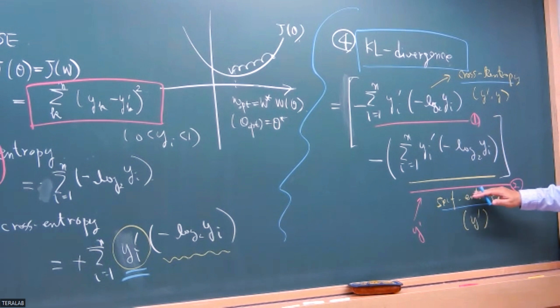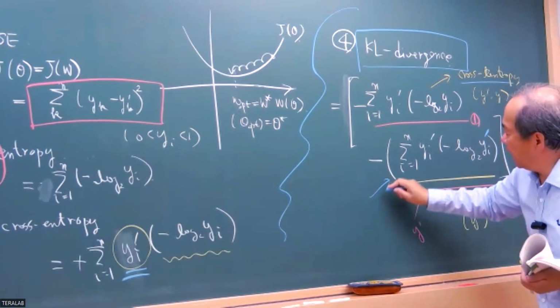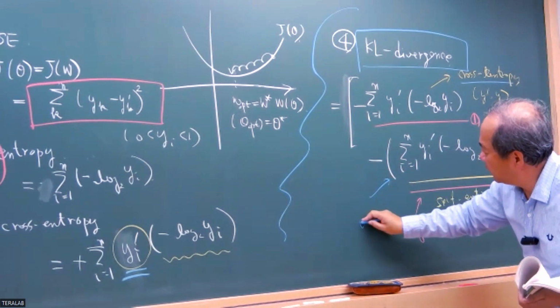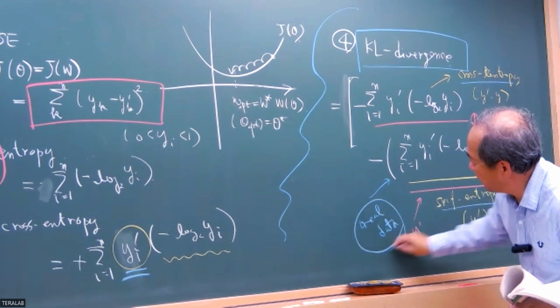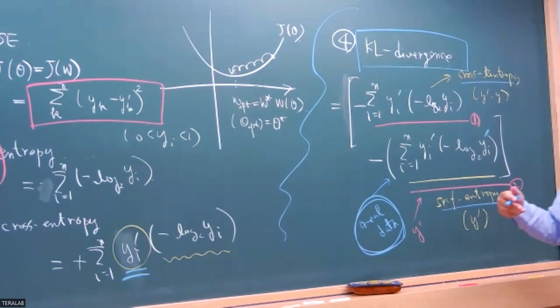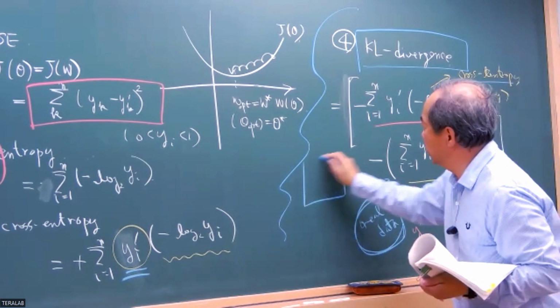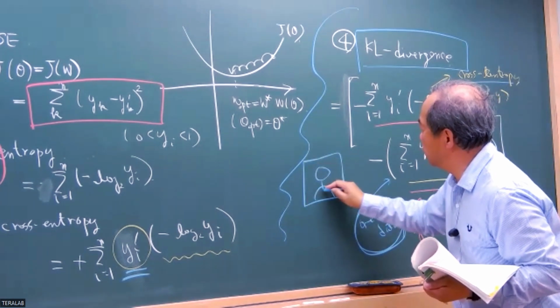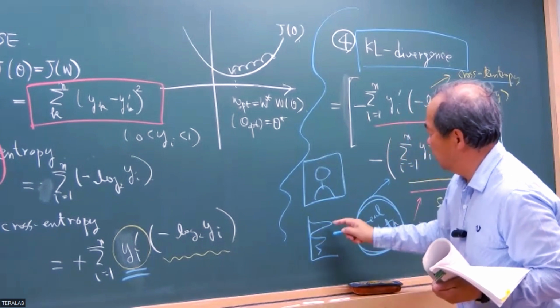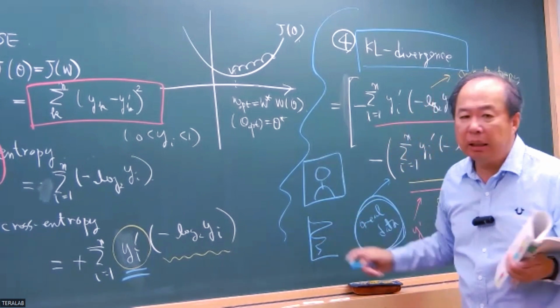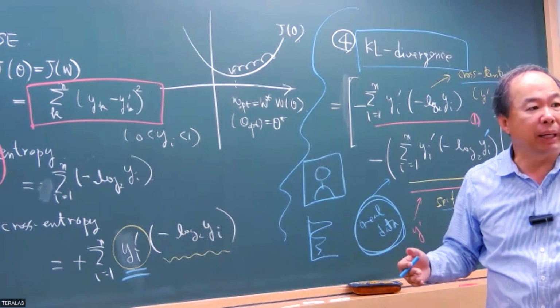The second term, self entropy, is the entropy of real data, reference data, Picasso picture. Let's assume you have a certain picture and it may have certain distributions. Distribution could be a color or intensity or whatever.